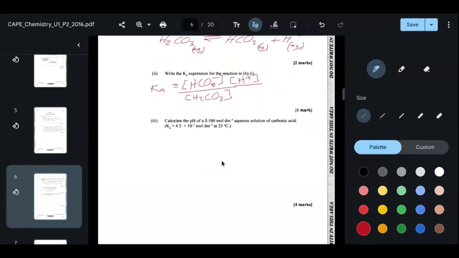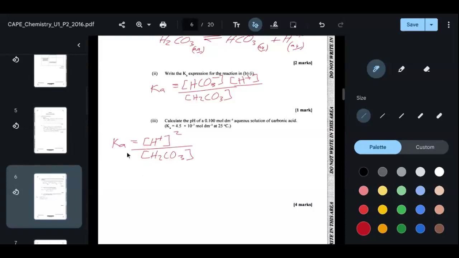All right. So it says calculate the pH of a 0.1 moles per dm cubed aqueous solution of carbonic acid. Here we're going to put our H plus squared divided by the concentration of H2CO3. Anybody remember how to do this quickly?